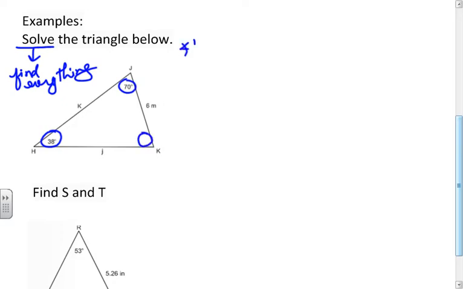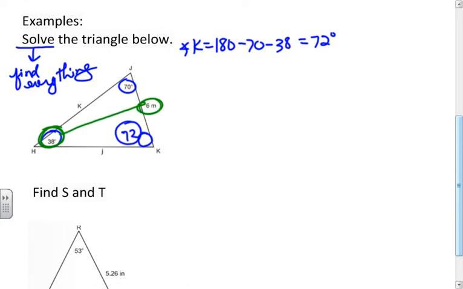So angle K is equal to 180 minus 70 minus 38, which is 72. Now, if I can avoid it, I don't want to use 72 as the calculated value, just in case I made a mistake. So the 2 that I know are H and 6.